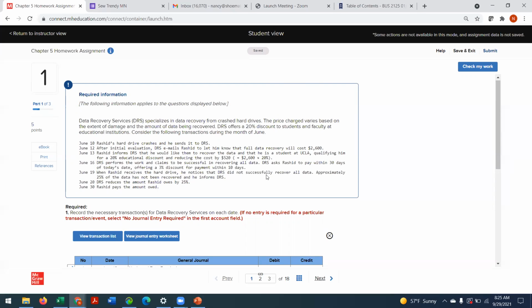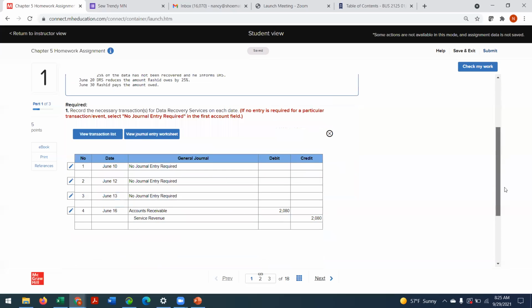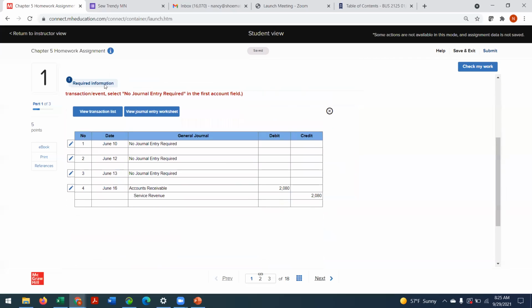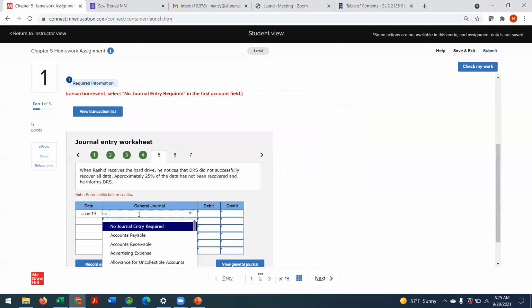Approximately 25% of the data has not been recovered. So that is just an informational event. There was no journal entry being required here. Okay.